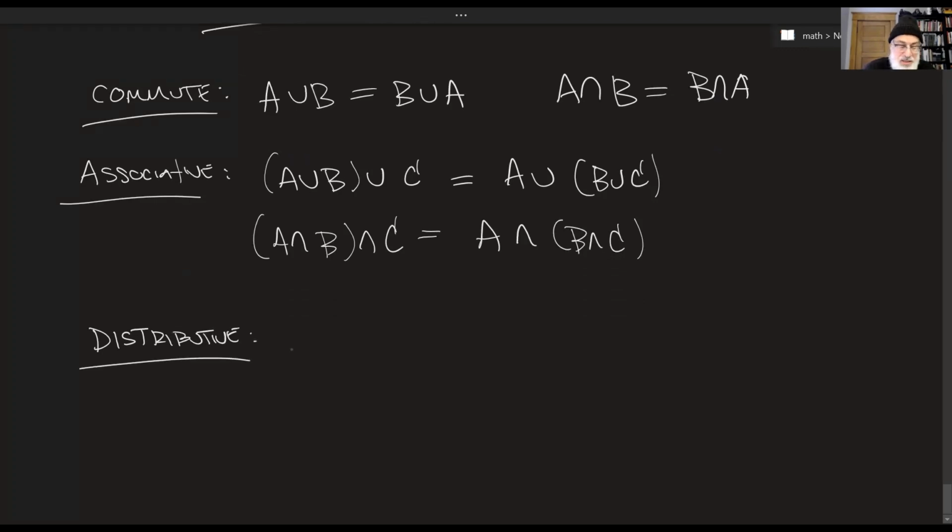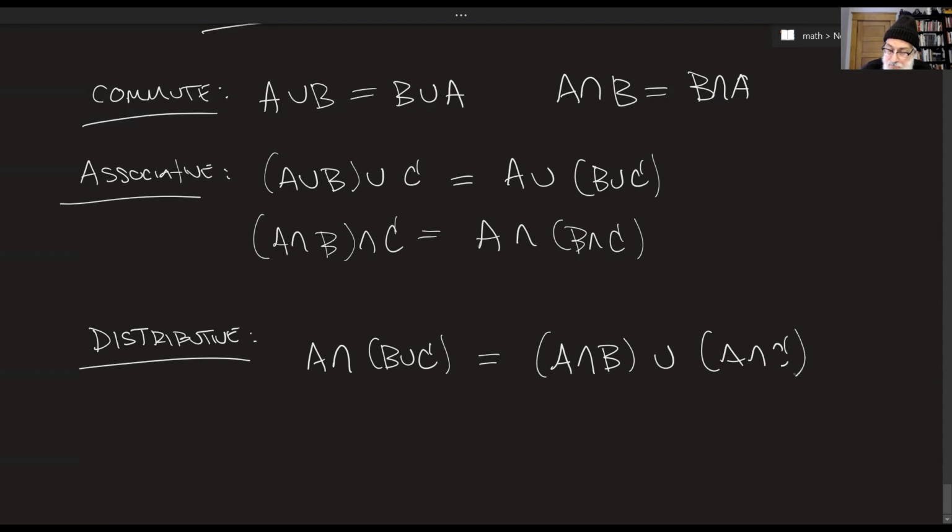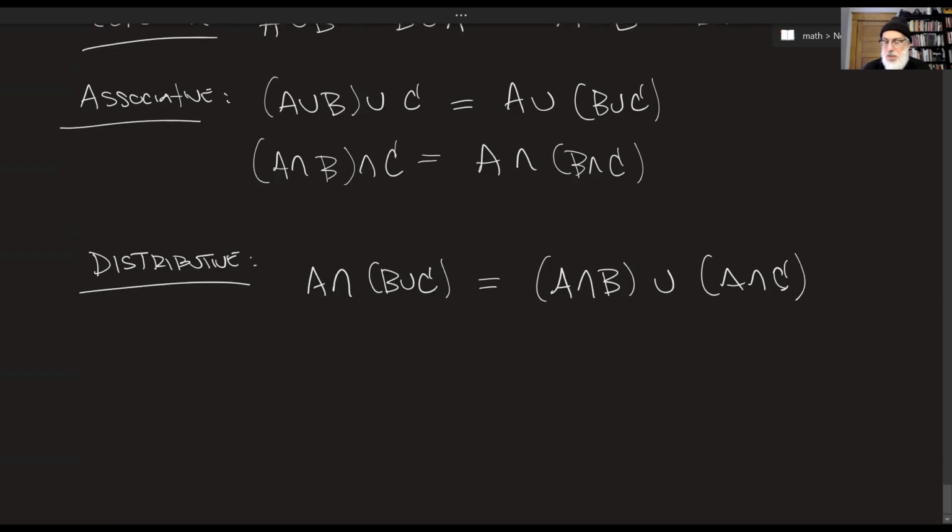Again, these set identities will distribute. So A intersect B union C will equal A intersect B union A intersect C. So they distribute.